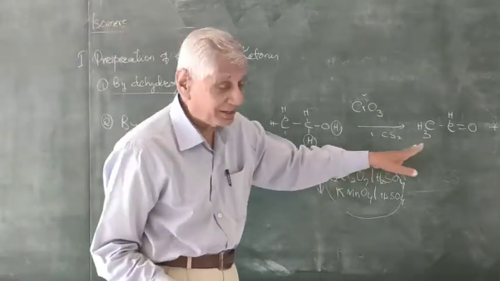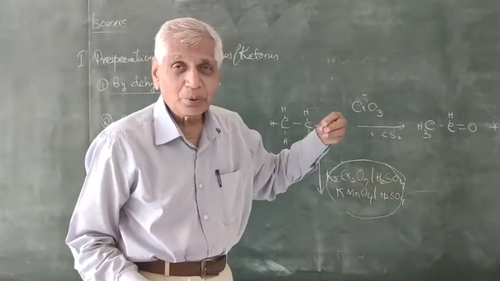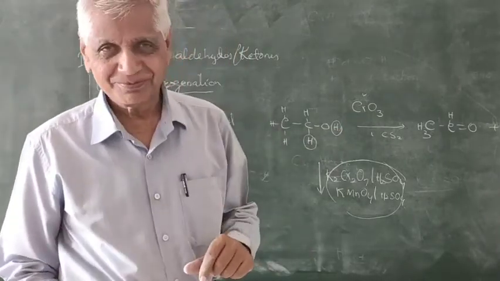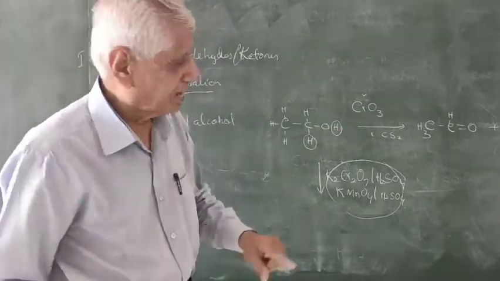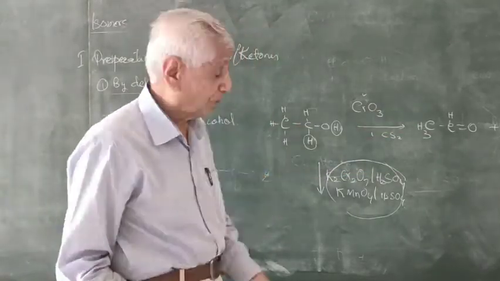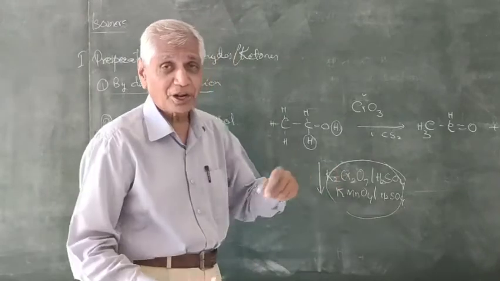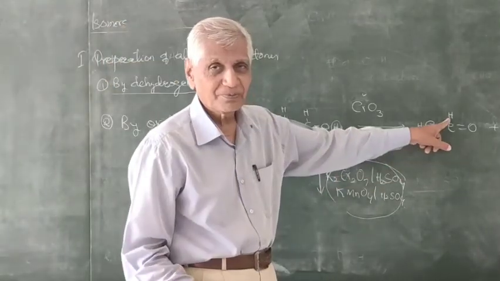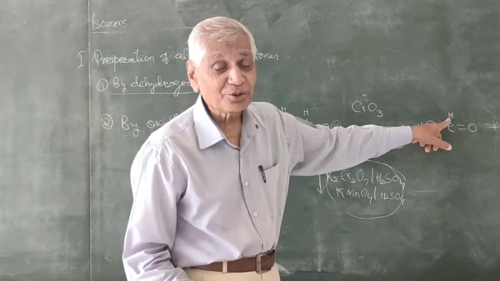Because aldehyde is very sensitive to oxidation. Is that clear? Aldehyde is very sensitive to the oxidation reaction. When you use the powerful oxidizing agent, what happens there? This H converts to OH.